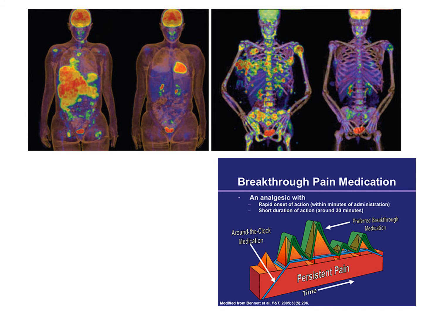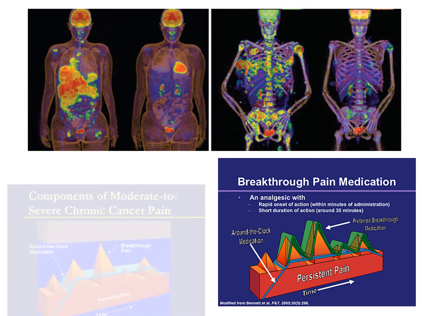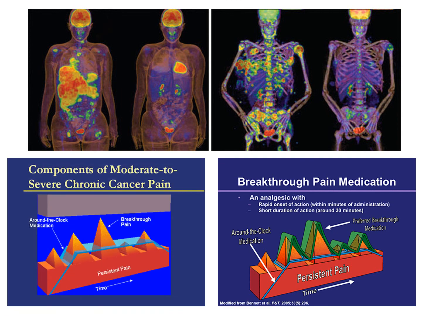We don't really know what's going on. I'm going to guess it's probably due to release of cytokines that are then triggering some of these things, but it still hasn't been fully understood. And so breakthrough pain is a real nasty issue, particularly with bone metastasis.